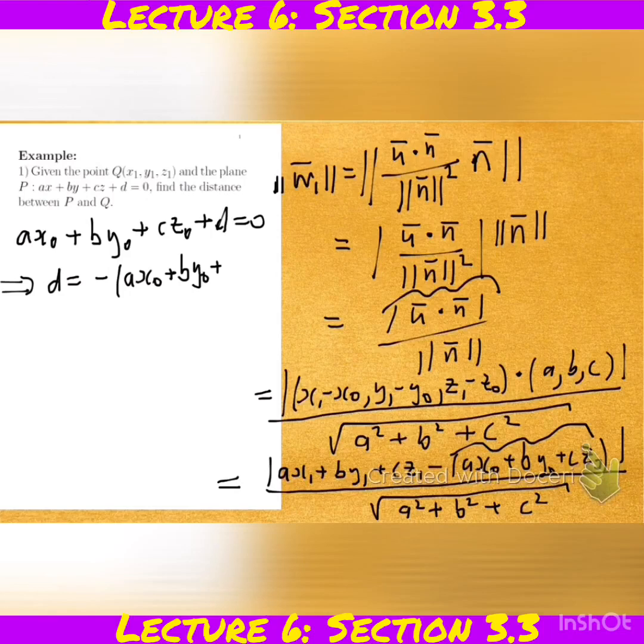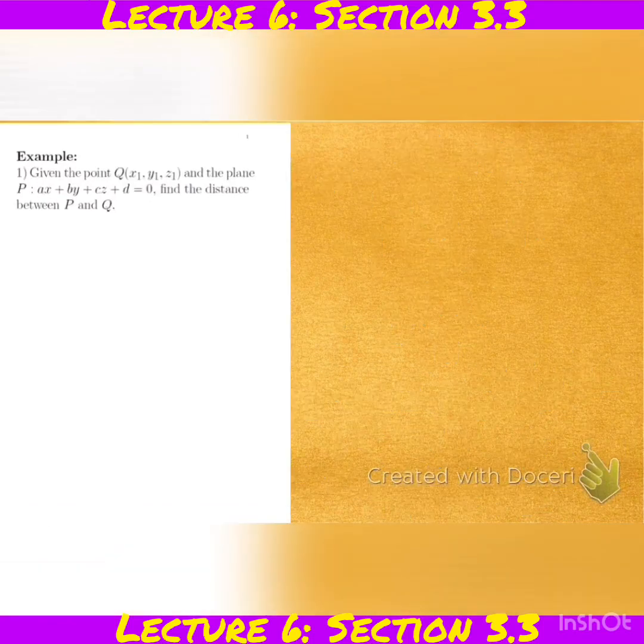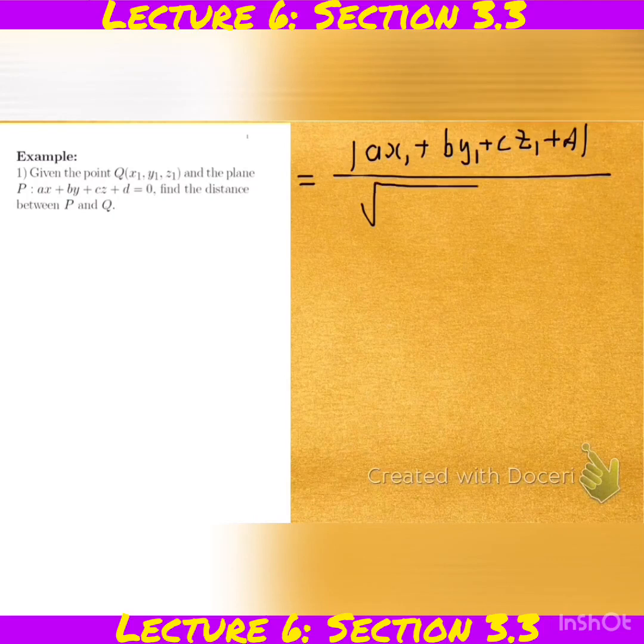That implies that our final formula for the distance is equal to the absolute value of a x1 plus b y1 plus c z1 plus d, divided by the square root of a squared plus b squared plus c squared.